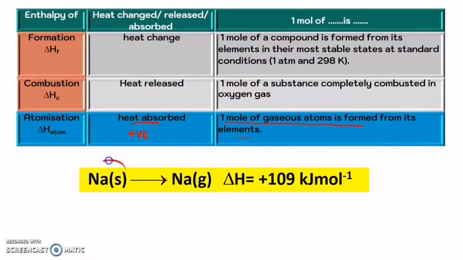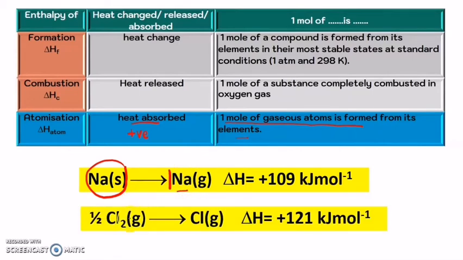Na solid, sodium solid, is the element of sodium, and Na gas is the gas atom that is going to be formed from the element. So the equation will be Na solid to produce Na gas. 1 mole must be at the product because it is the one that we are going to form.